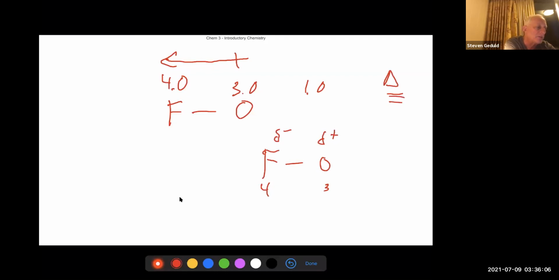A small, lowercase delta means a little change, because they're only pulling electrons. It's not making a whole charge, but there's going to be a partial charge. You could draw it with an arrow, or you could draw little delta signs. There's 2 ways to do it: delta minus and delta plus, or just draw an arrow with the end pointing to it. So that'd be the delta notation way.